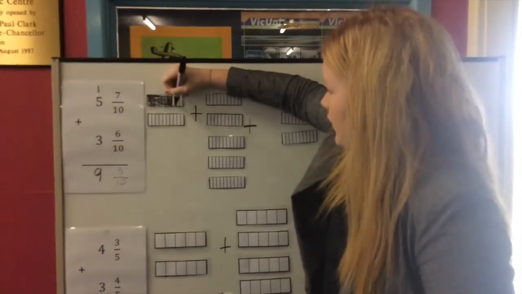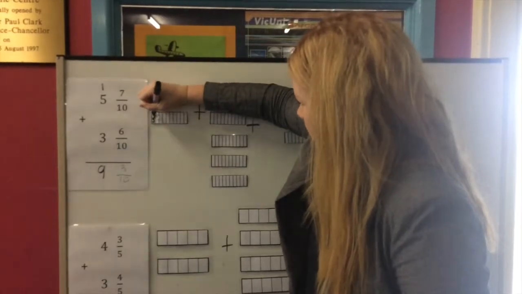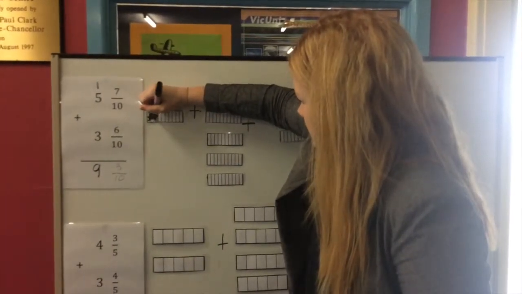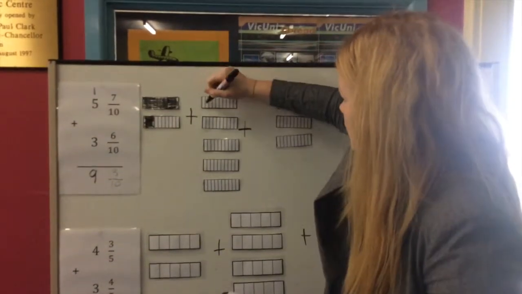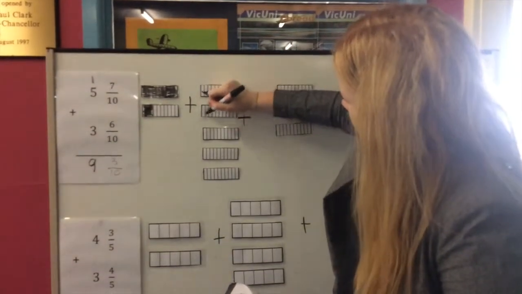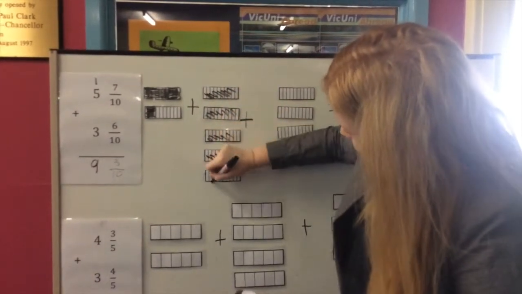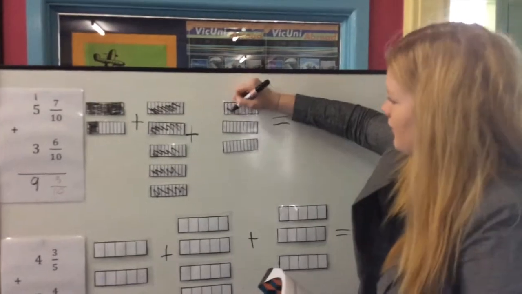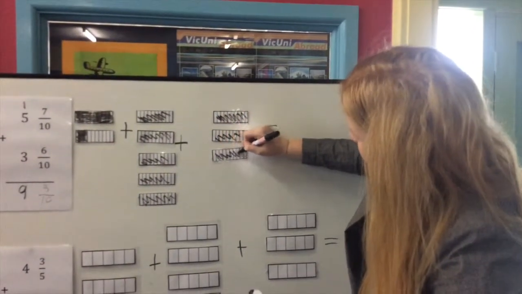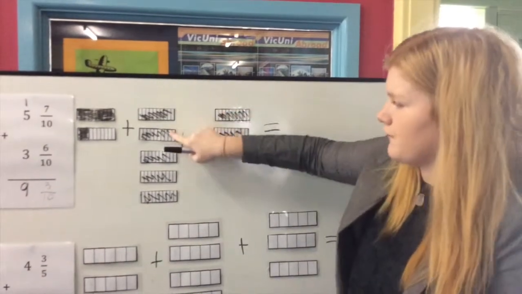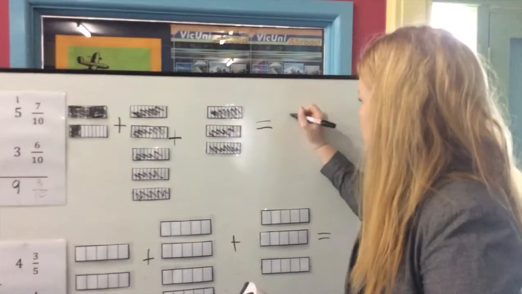So that's 7, 8, 9, 10, 11, 12, and 13 tenths, plus all these which are wholes. 1, 2, 3, 4, 5, plus 3, which gives us 1, 2, 3, 4, 5, 6, 7, 8, 9 and 3 tenths.